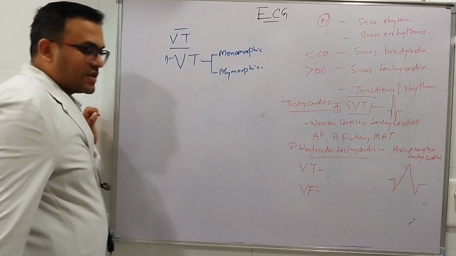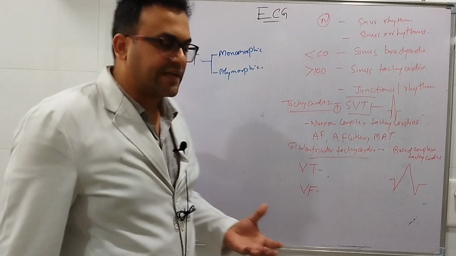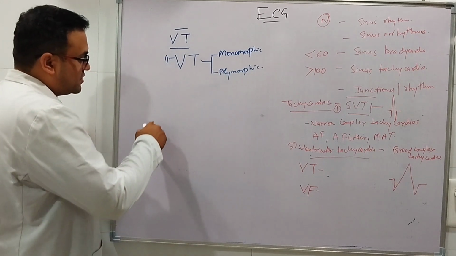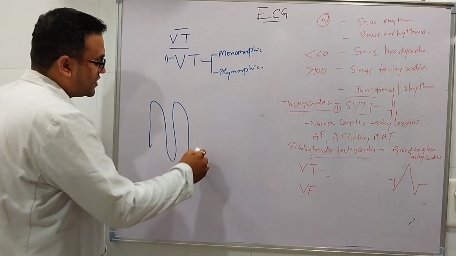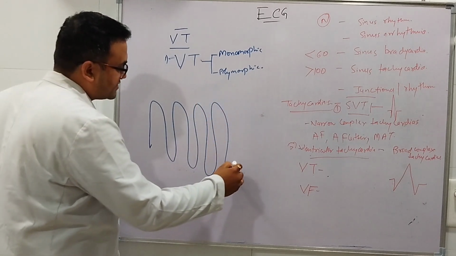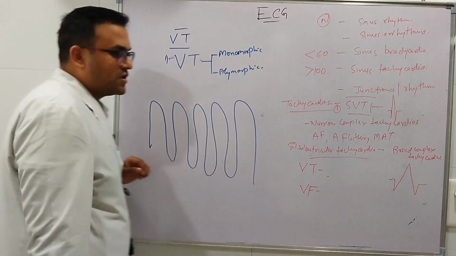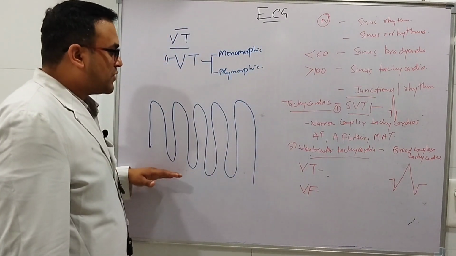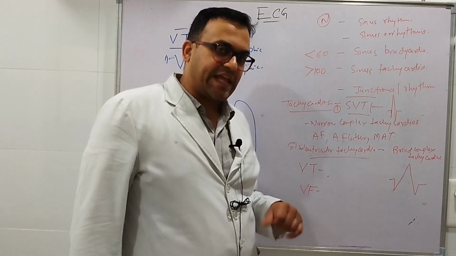As you can understand, if the action potential is arising from the ventricle, there will be no P wave, and it is a broad complex tachycardia. There will be only broad complex QRS complexes, and the T will be merged with the QRS complexes. So this is how a monomorphic VT, where all the morphologies are similar, looks.